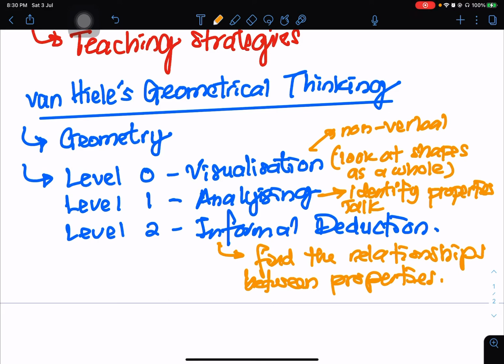So this is Van Hiele. Under geometry, you have 2D shapes and 3D shapes, and pattern is the same. They use Van Hiele's geometrical thinking.